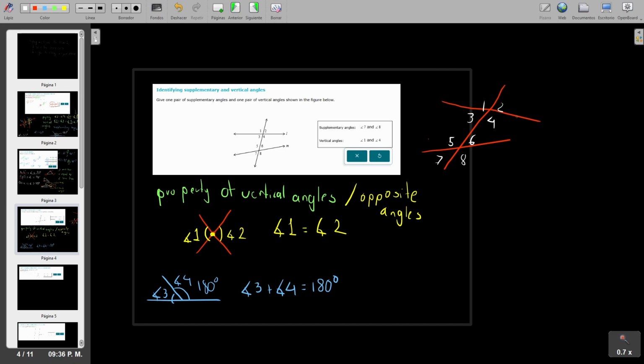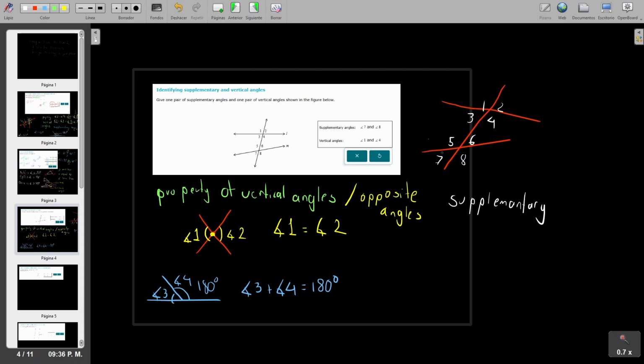If I were to put any number, I can choose the ones that are consecutive. For example, for supplementary, they are giving us the answer: 7 and 8.